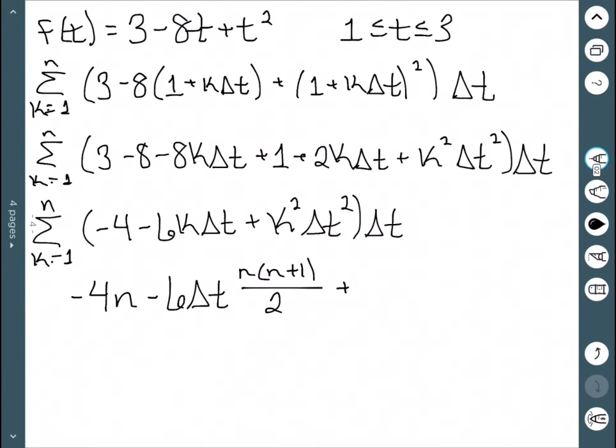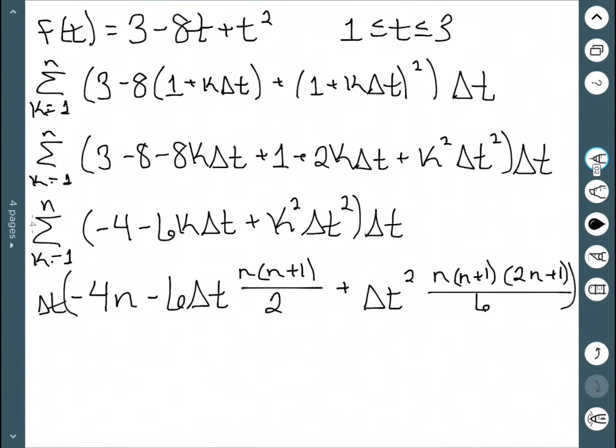This last one, we would have the delta t squared, and for k squared, we had n times n plus 1 times 2n plus 1 all over 6. And we should be multiplying all of this by this delta t that comes at the end.